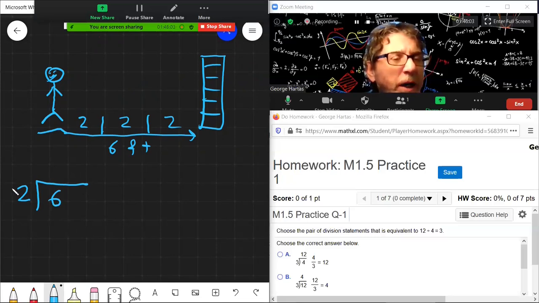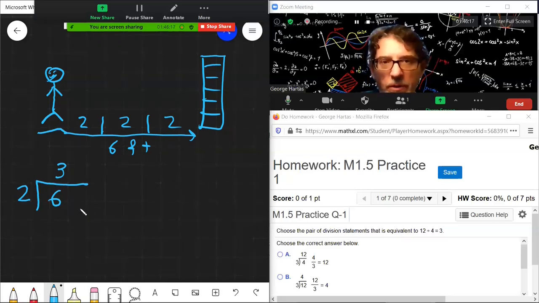How many strides does it take to reach the wall? 3. Okay. All right. I didn't have zeros here because I want you to see something without the zeros. All right. Now, let's talk zeros.